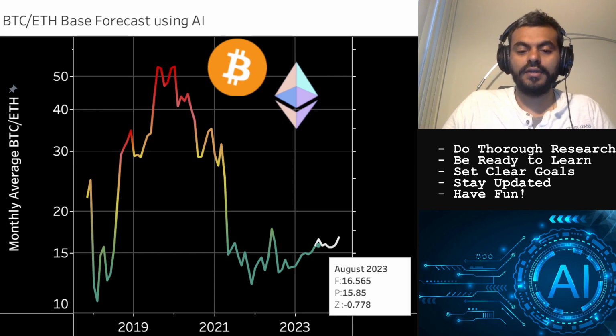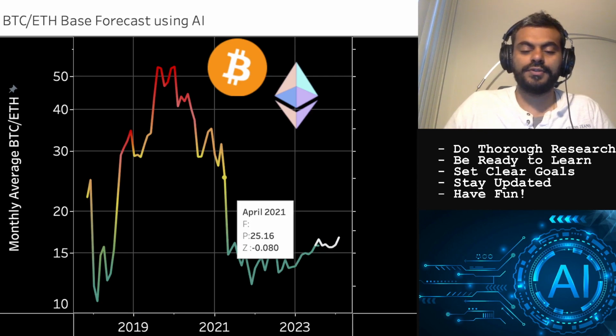And for your information, for the z-score to be close to zero, and quote unquote the market to reset, the number of ethers per BTC at that point, historically speaking, would be 25.